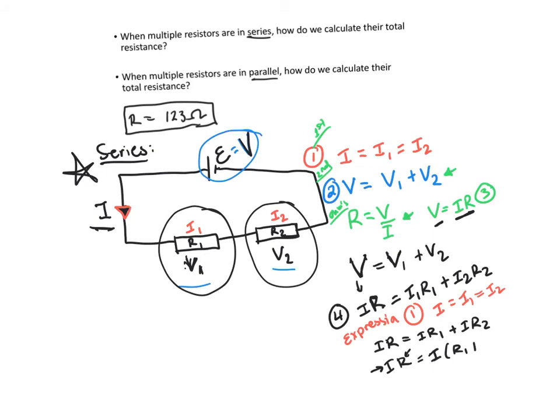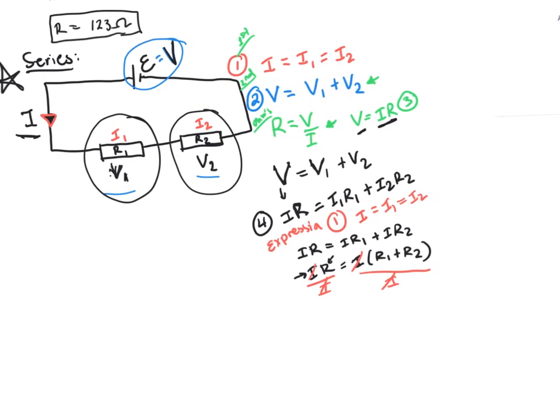So I'm taking a common factor I out, times the resistance of resistor 1 plus the resistance of resistor 2. So if I divide both sides by I, I divided by I is 1. So that leaves me with the expression that R total is equal to R1 plus R2.